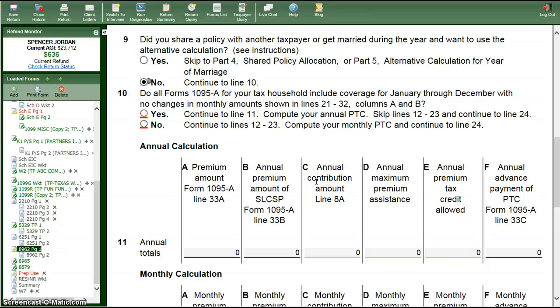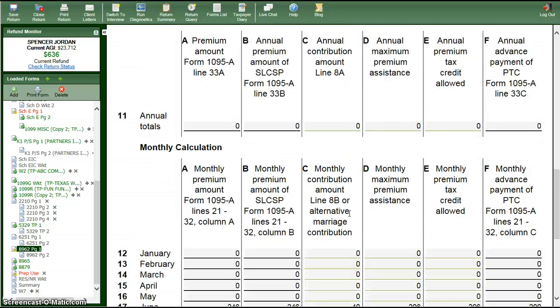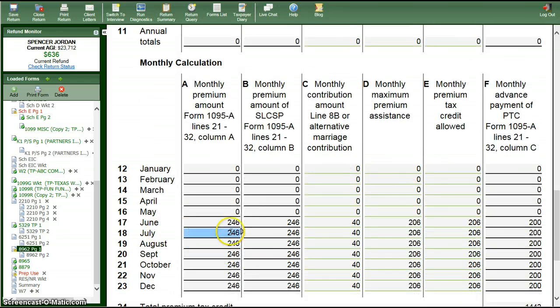And then it asks whether the Form 1095A includes coverage for the entire 12 months with no change in the monthly amount. I don't have up here for you Spencer's 1095A, but you may remember, and if you don't, I'll tell you, he only had marketplace coverage starting in June.